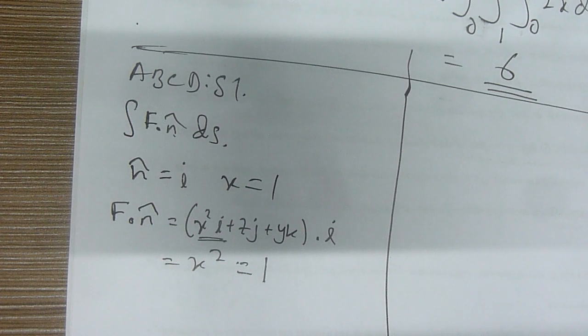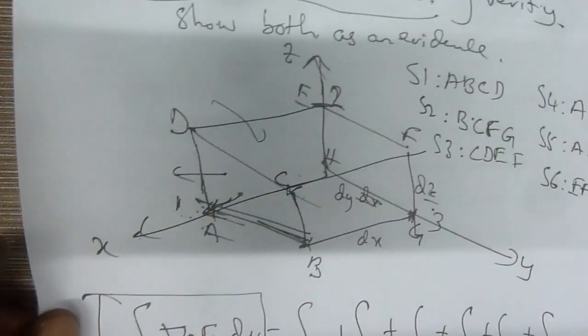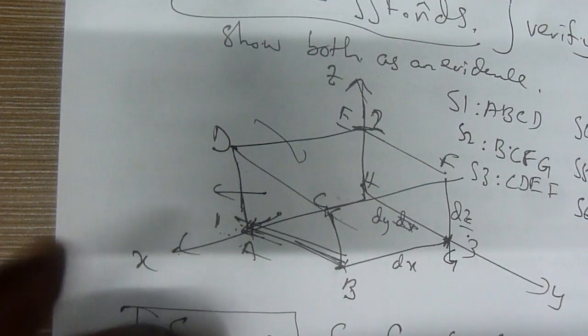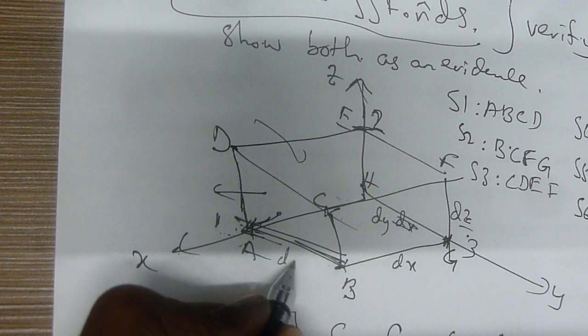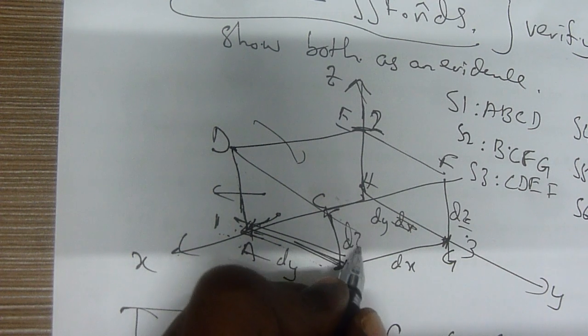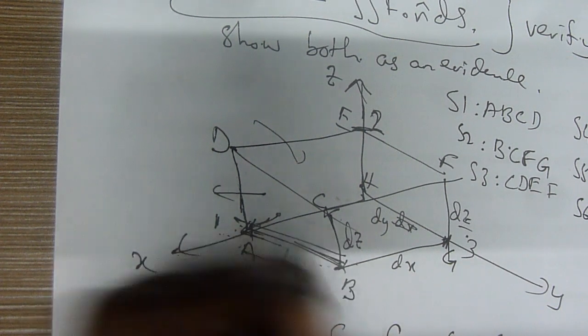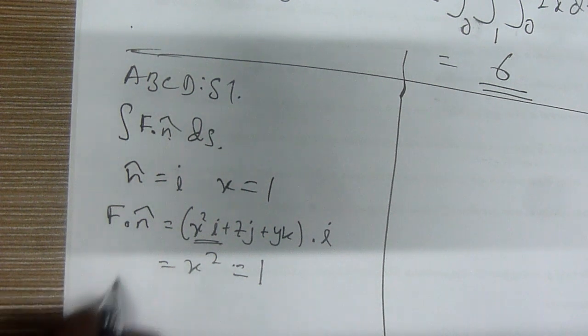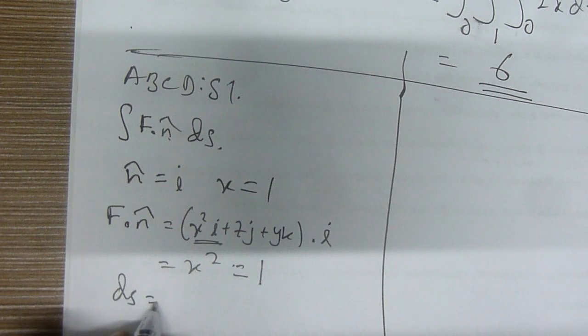And what is the surface that we're going to calculate for the dS part? You see, this is dy, this is dz. Therefore, here dS is dy dz.